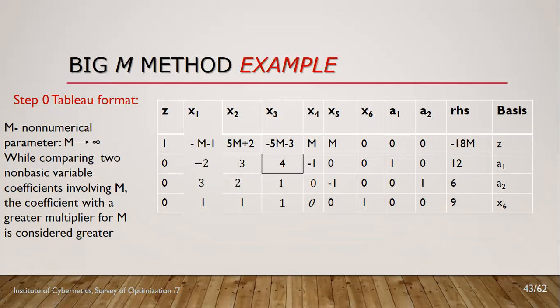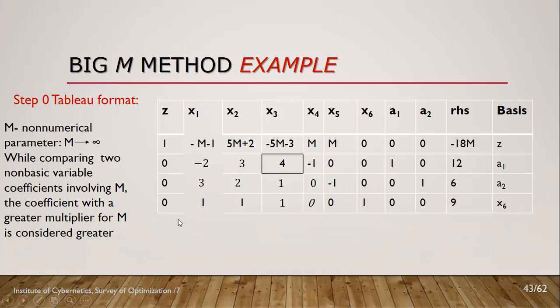Then we update the objective function. How we update it, please review again from the previous lecture or from the textbook, because there are a lot of computations that cannot be included in the lecture, so this is what you can work out on your own.